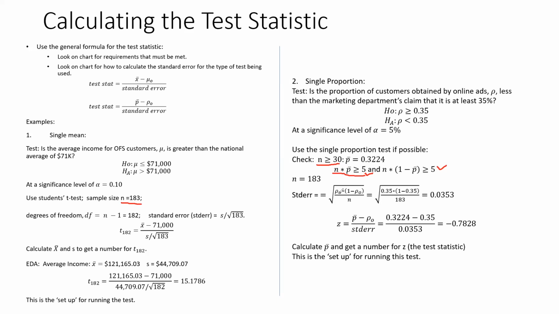Okay, the standard error is calculated using this number, the p naught, right? So the number that's here is always referred to in terms of the parameter of interest, and we usually give it a little naught referring to the null hypothesis.